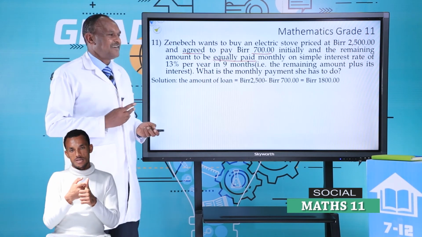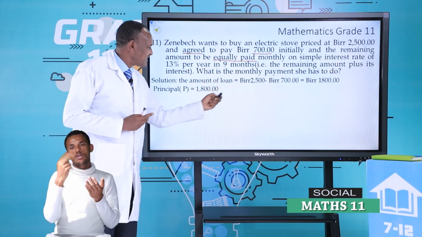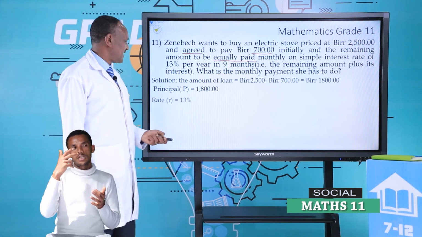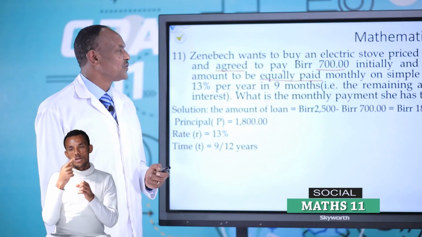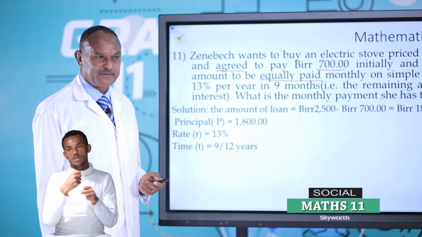So first, the seller will get an advantage. He is going to charge her 13% on the remaining 1,800, and she will complete paying within 9 months. That means 9 over 12 years.